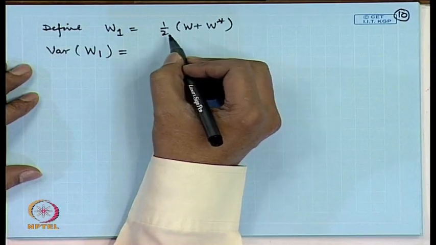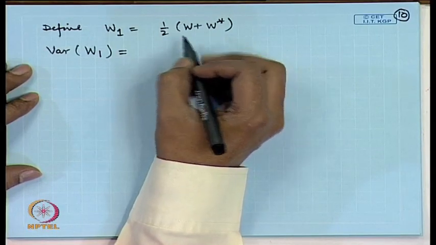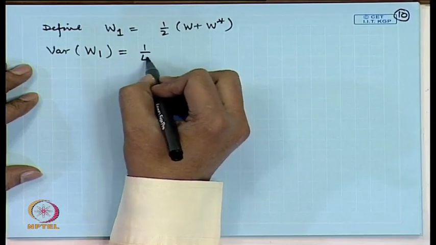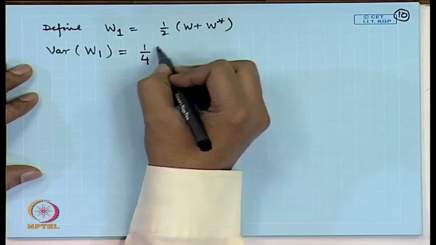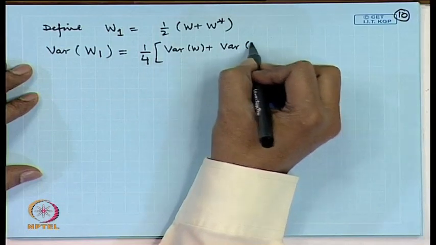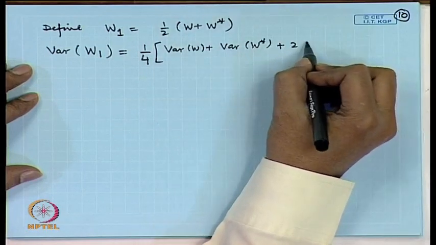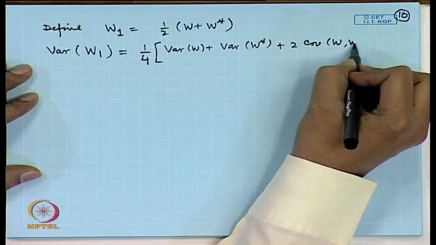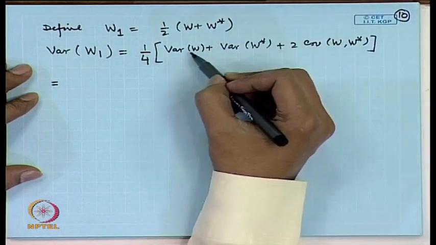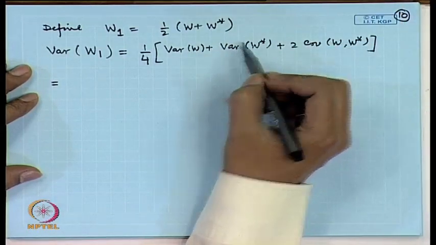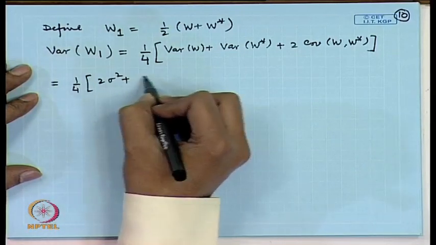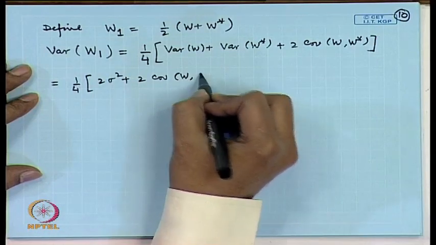We can apply the formula for a linear combination of variables. So, variance of a constant times that constant is square times variance of W plus W star, which is becoming variance of W plus variance of W star plus twice covariance between W and W star. Now, we are assuming variance of W and variance of W star to be sigma square. So, it becomes 1 by 4 2 sigma square plus twice covariance W W star.